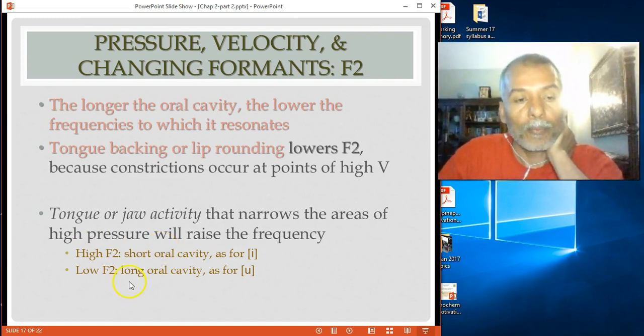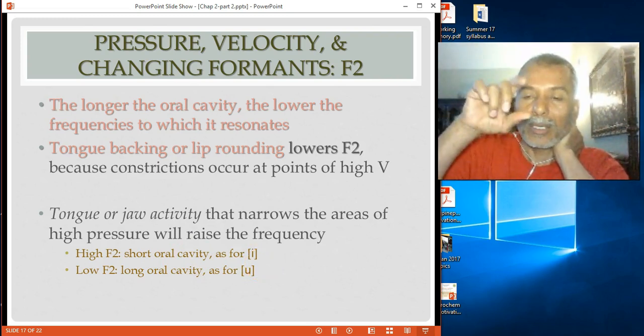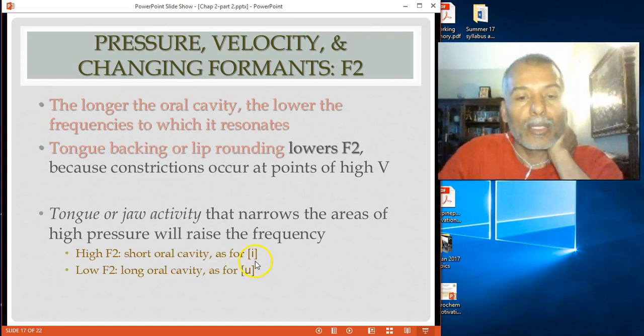So for example, you will have high F2 because if you have a short oral cavity, as in E, the tongue goes out and occupies the room between the alveolar ridge and the front of the tongue.